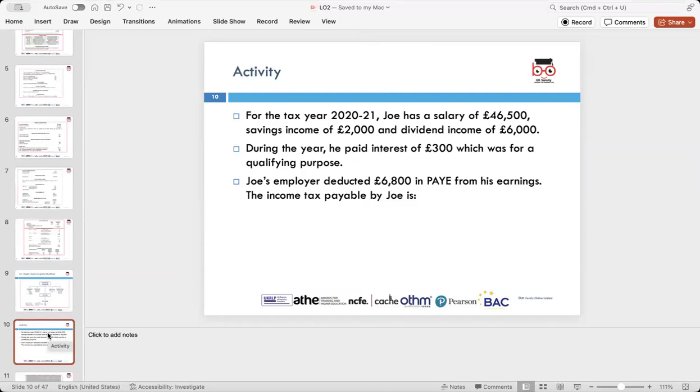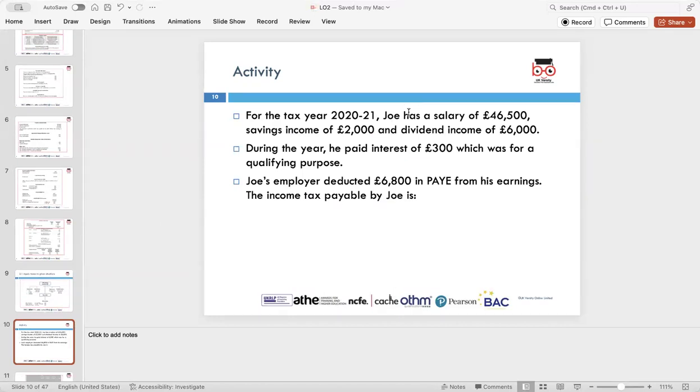So here it's an activity: calculate the income tax payable by Joe for the tax year 2020/21. First we need to identify Joe's sources of income.